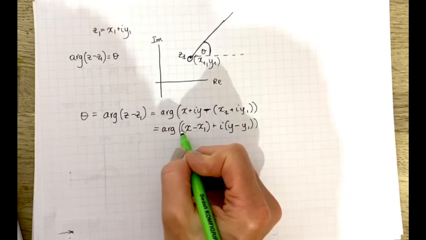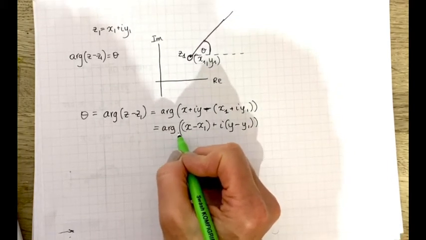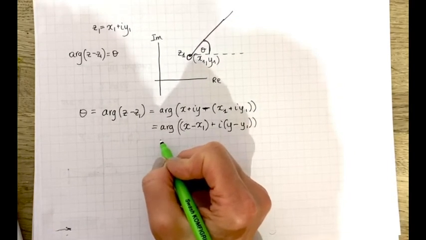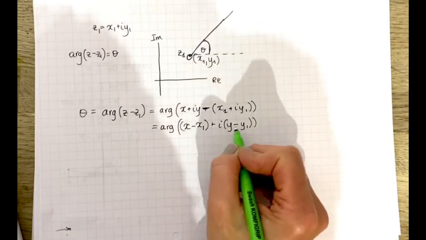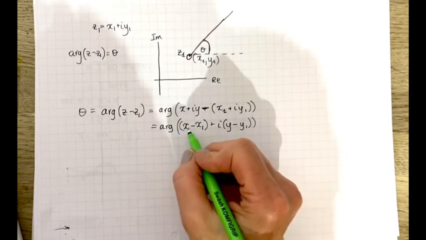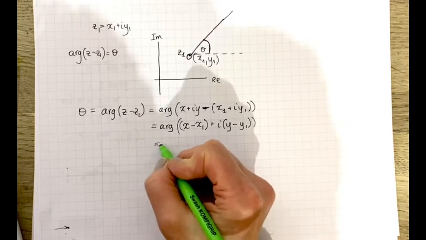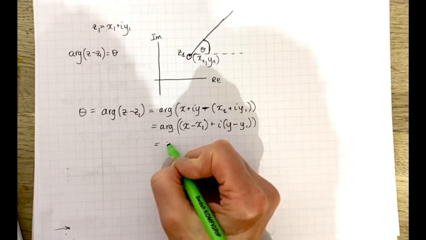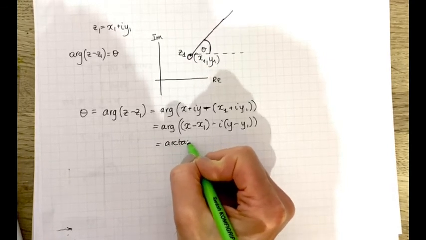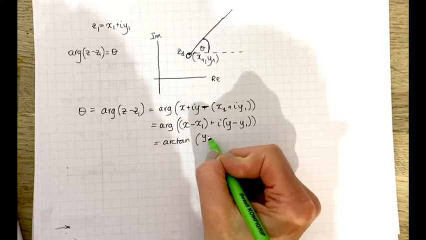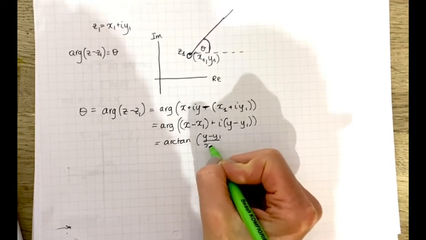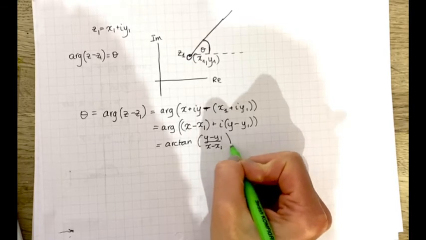So argument is, remember, tan inverse of the opposite over adjacent. Opposite is the imaginary part and adjacent will be the real part. So it's going to be arctan of y minus y1 over x minus x1.